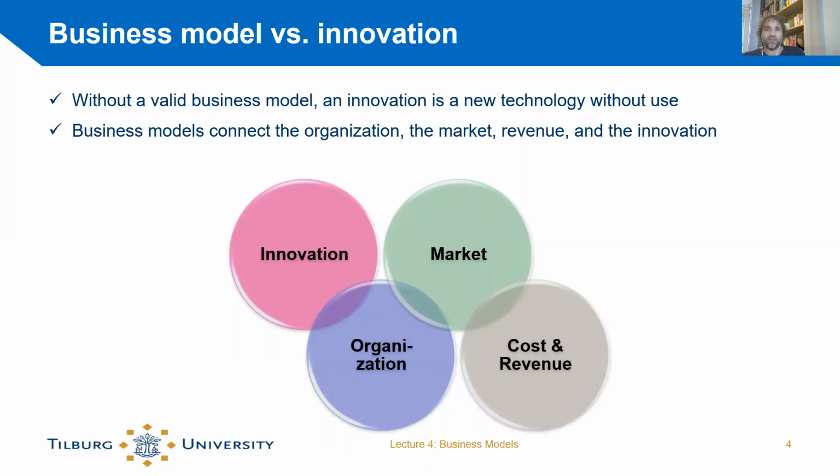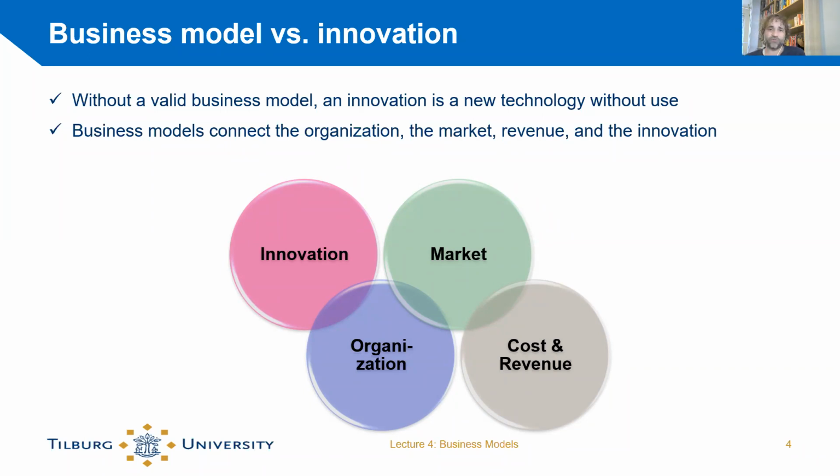So you need a kind of a business model to think about how the innovation will be a success. So without a business model, the innovation is just the invention. It's a technology without thinking about what makes it a success. So a business model connects the innovation to the organization, the market, and the costs and revenue of the innovation.